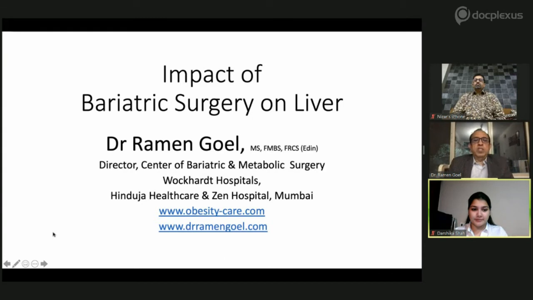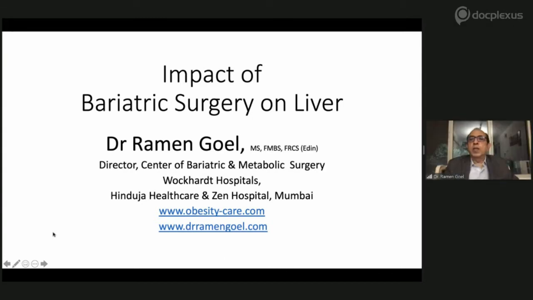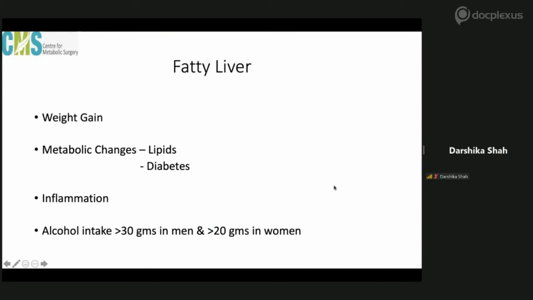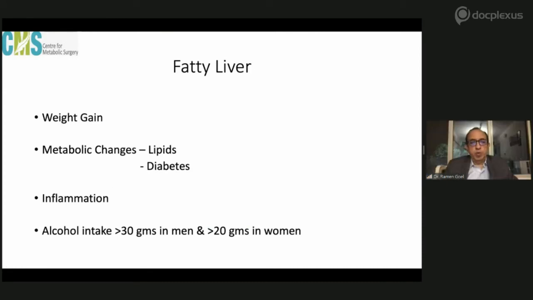So what is the impact of bariatric surgery on the liver? As Dr. Gupte very nicely mentioned, fatty liver could be because of any of these things. Fatty liver could be because of weight gain.